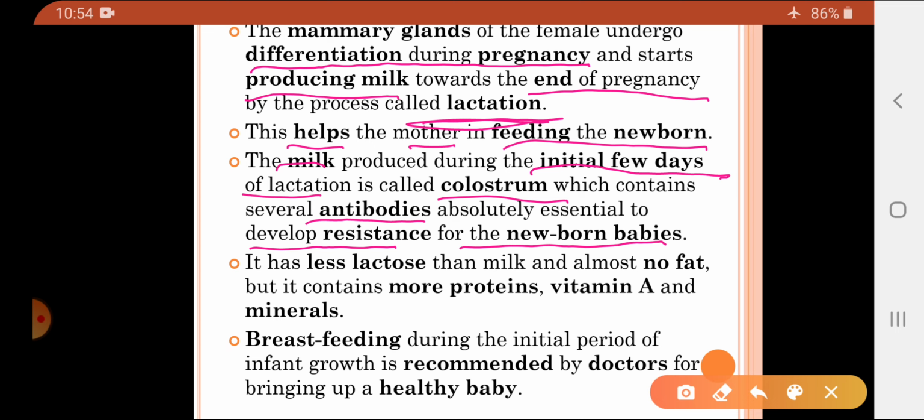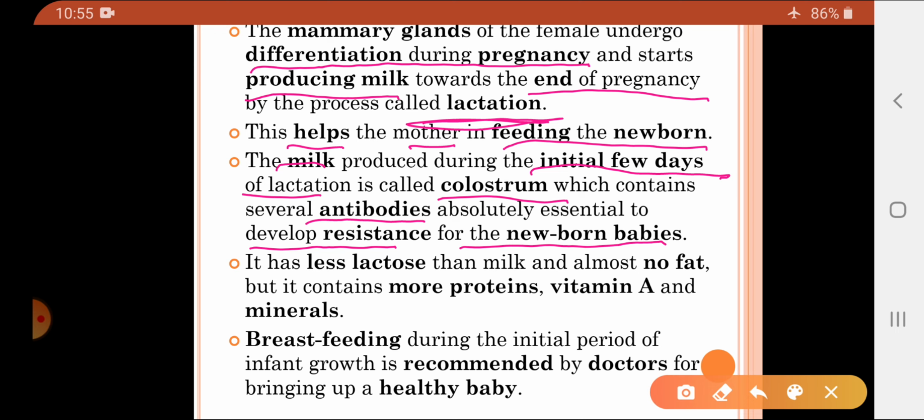So, basically colostrum develops the immune power in the newborn babies.